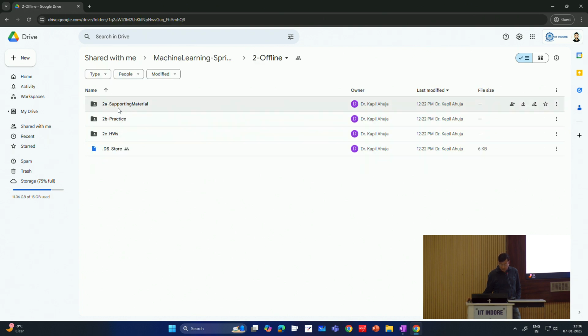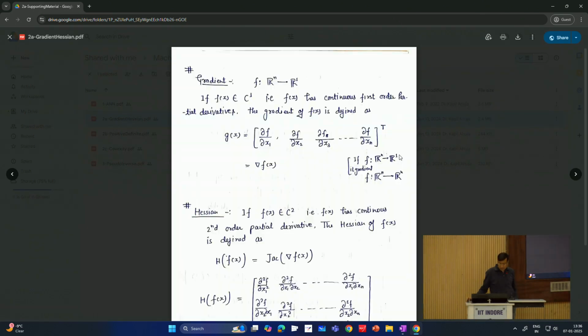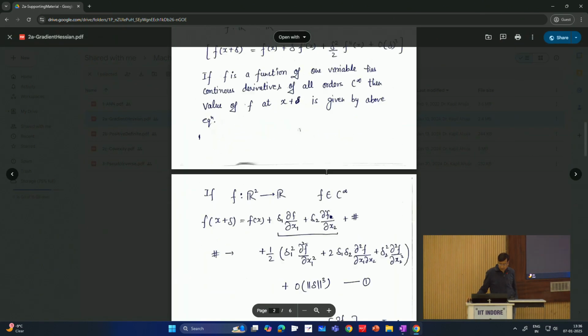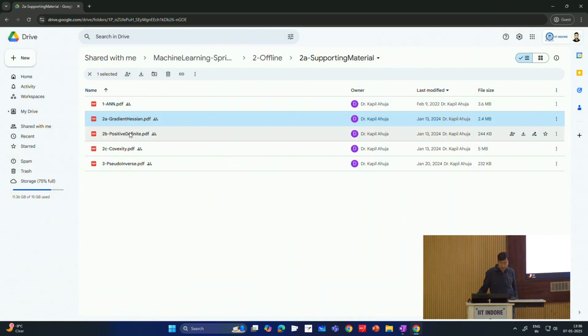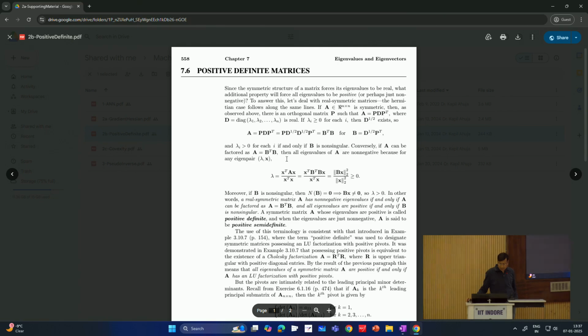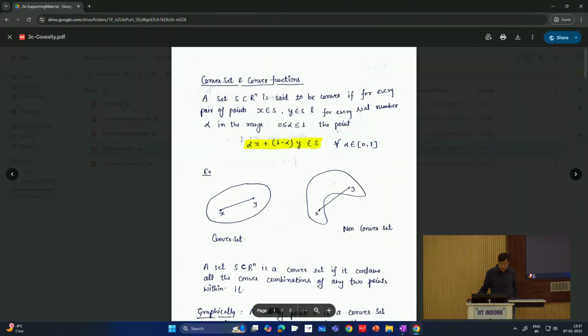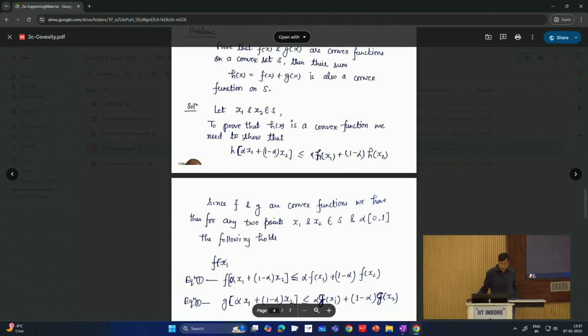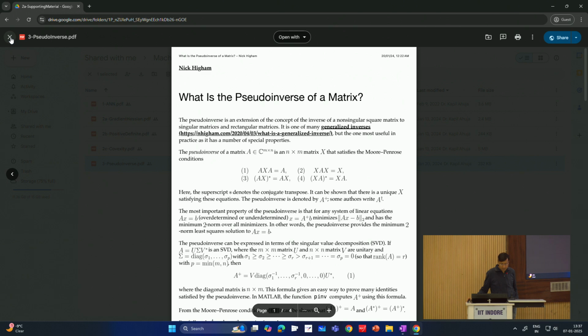Under the offline category, I've uploaded 4 more materials. This was for ANN, Artificial Neural Network. I have uploaded a PDF on gradients, Hessian and Taylor series, which we typically do in our optimization course: what is a positive definite matrix and its characterization, what is a convex set, what is a convex function, and what is a pseudo inverse of a matrix.